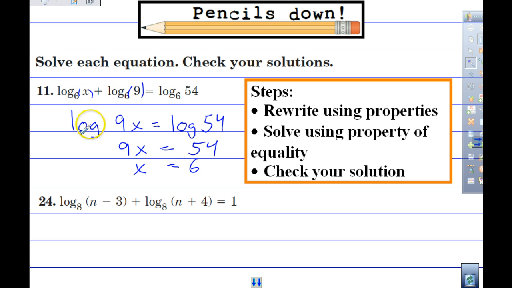We have a log on both sides. It's not that it cancels out, but we ignore it for the time being. We're trying to solve for x. So we're trying to figure out log of 9 times what is going to give us 54. Well, with x equals 6, you'll have log 54 equals log 54. Nothing more than that. It breaks down to a very simple algebra 1 equation to solve. Nothing more than that.